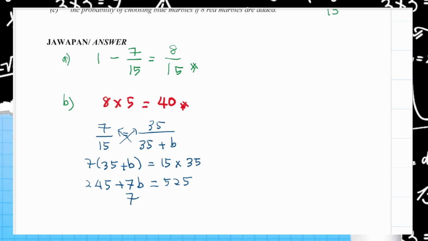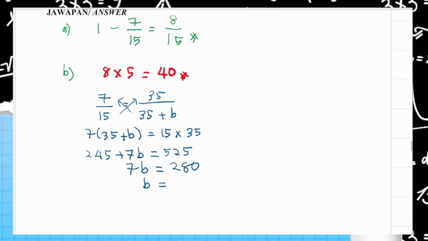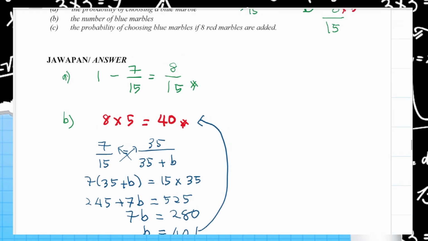So 7B is equal to 525 minus 245 equal to 280. Then B equal to 280 divided by 7. So you will get 40. So same answer. You can choose which one is easier for you. So we proceed to the next question.